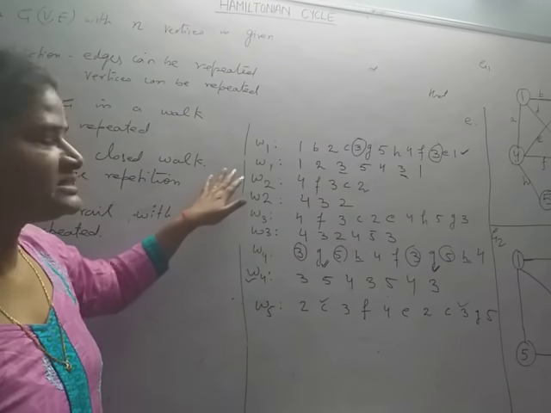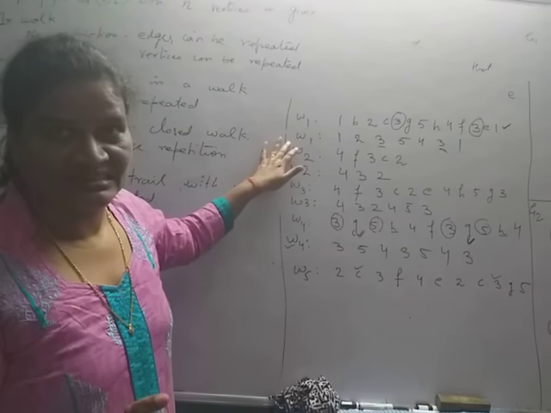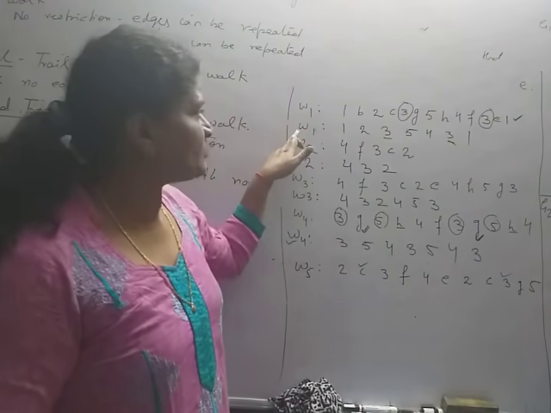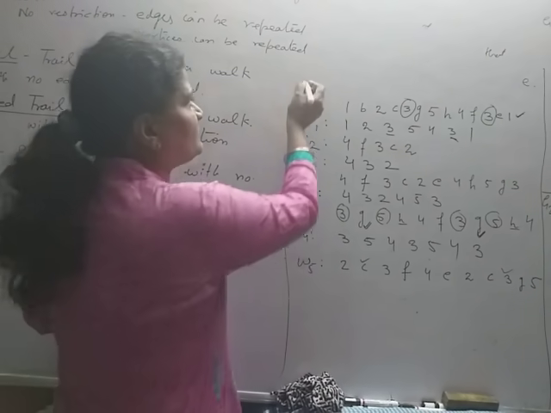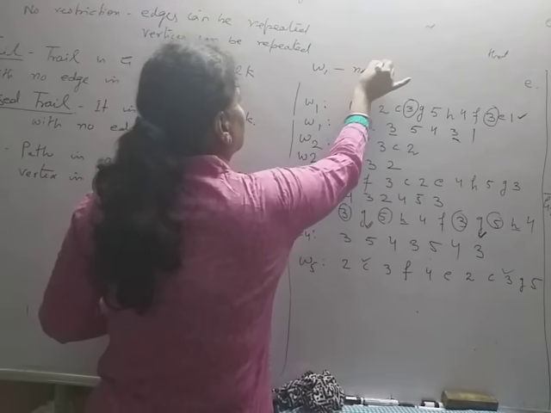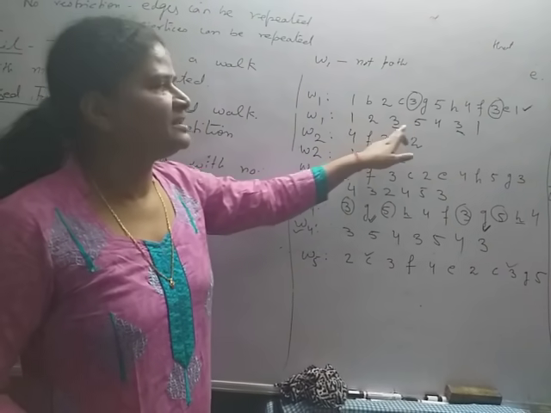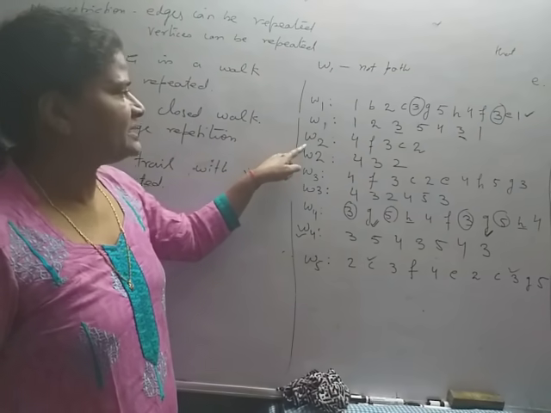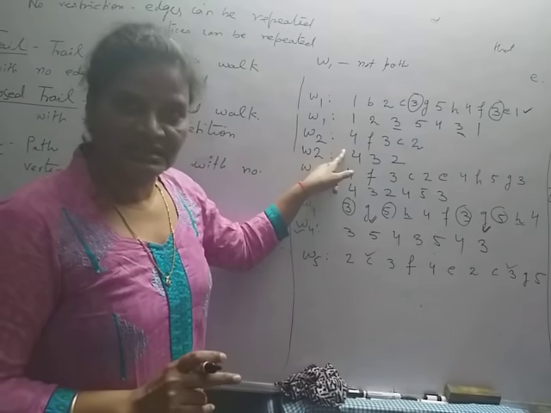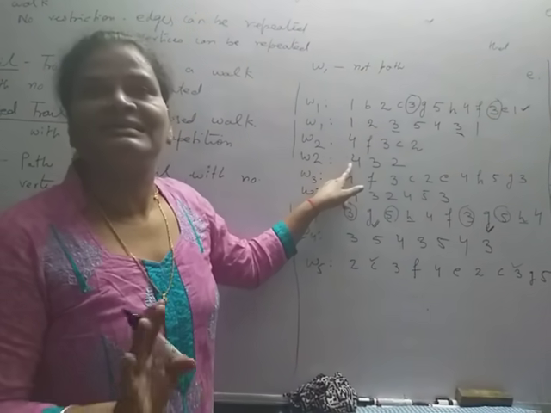So a path means all the vertices should be distinct. So this walk W1 is not a path, as the vertex 3 is repeated. W2 is a walk as well as a trail as well as a path, as no vertex is repeated here.